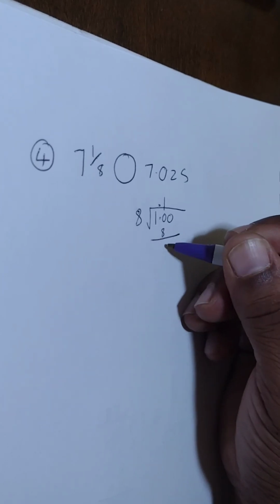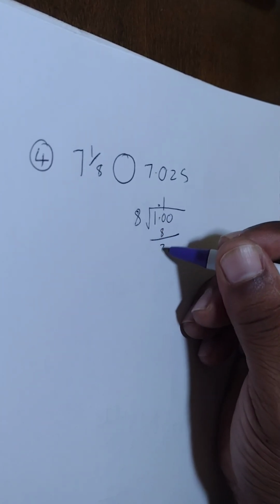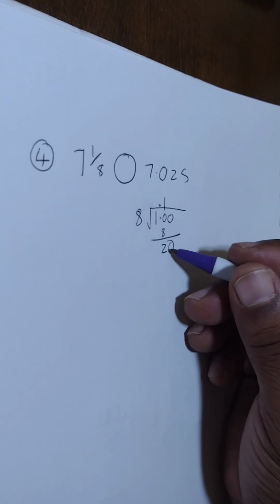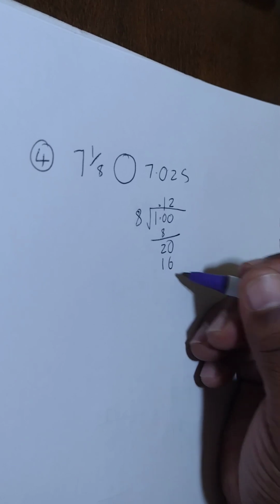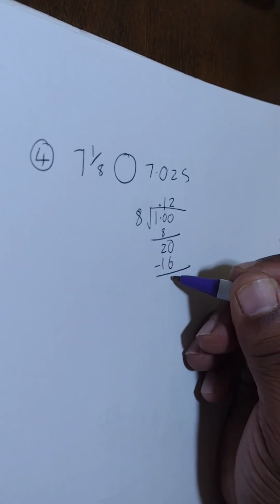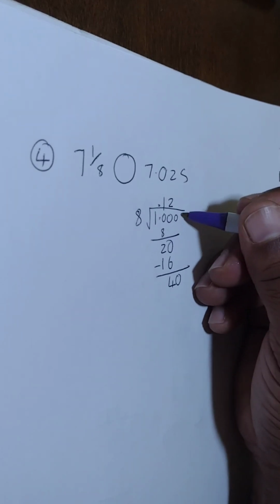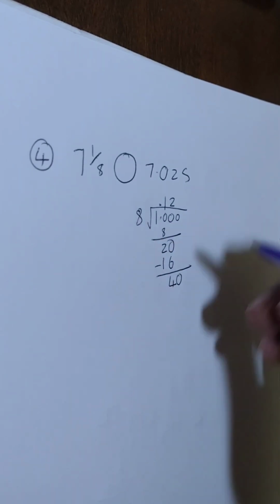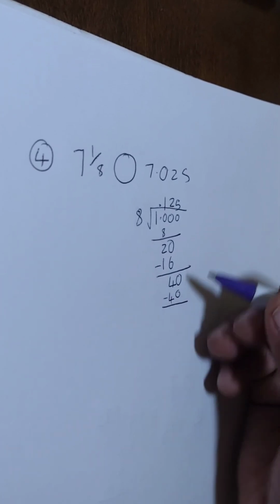So take 8 from here, and then you get 2. 8 from 10 is 2, carry 0. 8 goes into 20 how many times? 2 times, minus 16. 16 from 20 is 4. Bring down another 0 because you know you can add as many zeros as you need. 8 goes into 40 5 times. Minus 40, and you have 0.